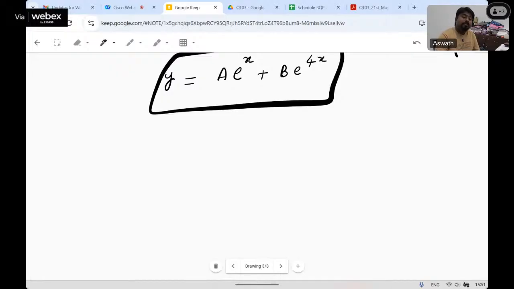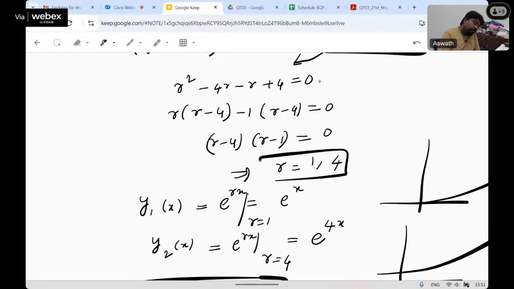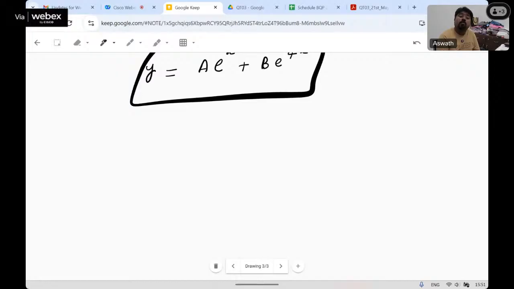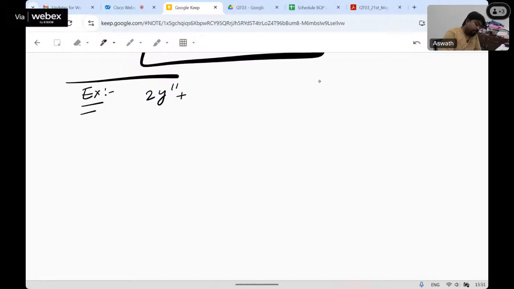So this is straightforward, right? I am able to find the solutions directly from the quadratic equation. Let's take another example, where I may not be able to factor the quadratic so easily. Let's say 2 into y double prime plus 6 into y prime plus 2y is equal to 0.